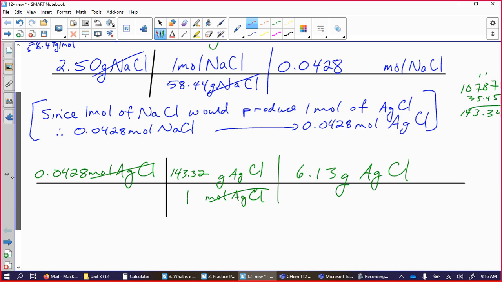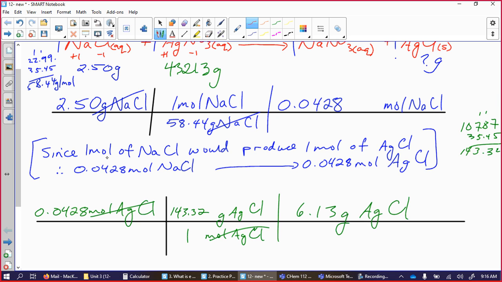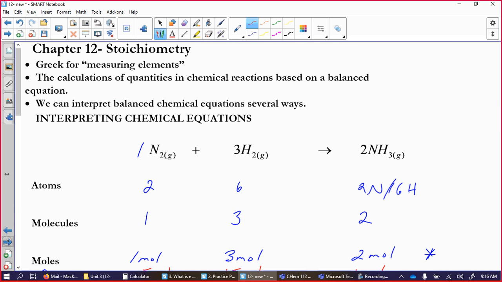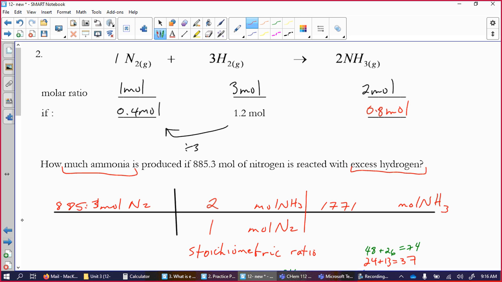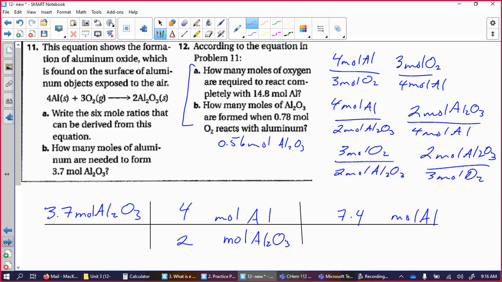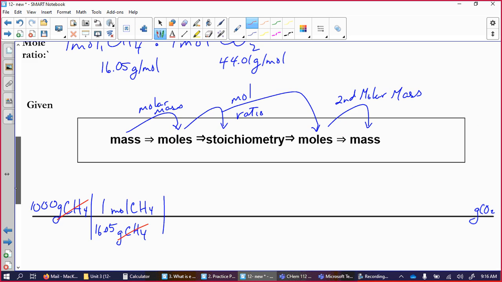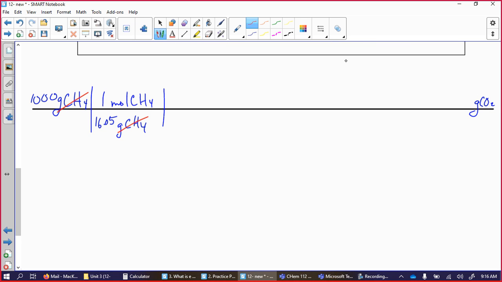But this is all long and convoluted. And then we did the stuff about converting moles of one thing to moles of another. Well, if I fundamentally want grams of carbon dioxide, I can't stop at moles of methane.